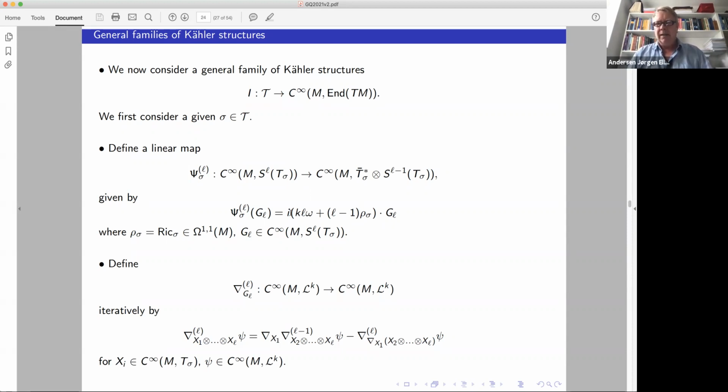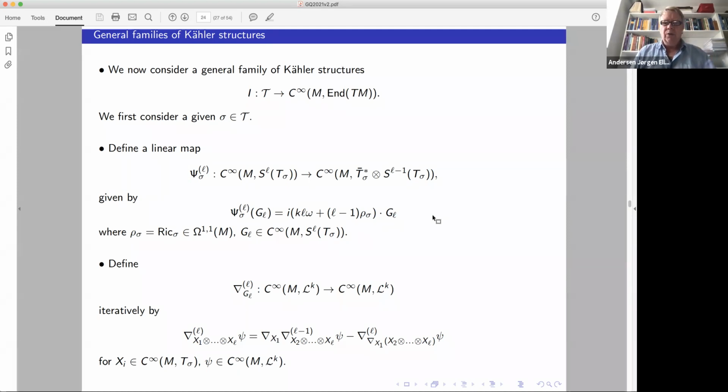It is namely i times k, where k is the power of L. Then you take the degree L of the symmetric tensor times omega, the symplectic form, plus L minus 1 times the Ricci form for your Kähler manifold, and you contract that into the symmetric tensor. So it is indeed a map that goes from here to here.